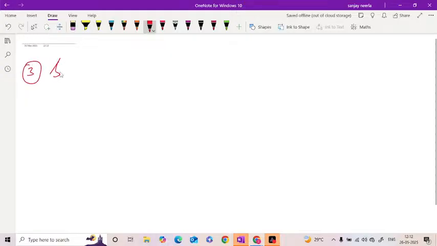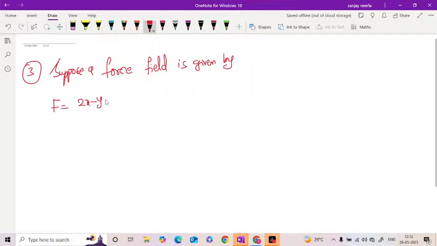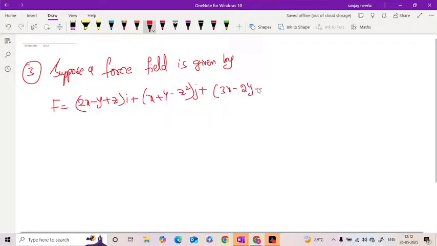Suppose a force field is given by F is equal to (2x minus y plus z) into i plus (x plus y minus z square) into j plus (3x minus 2y plus 4z) into k.